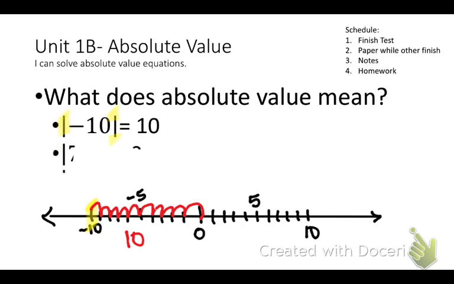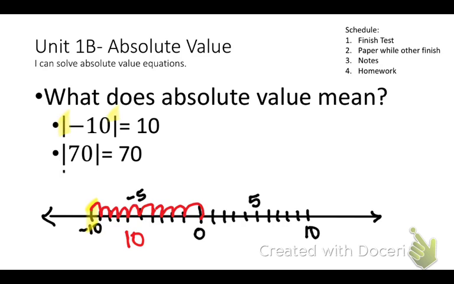Well, let's look at some other ideas here. If I had the absolute value of 70 and I made a whole new number line, went all the way to 70 and counted how many steps it took to get from 70 to 0, I would still end up with an absolute value of 70, because like I said before, absolute values can never be negative.